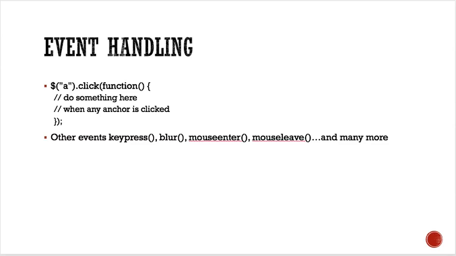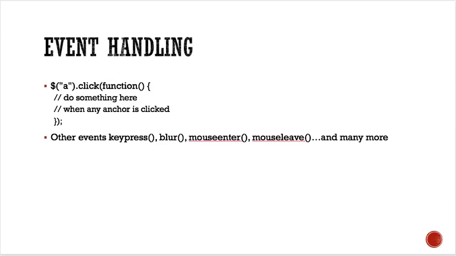jQuery also allows you to monitor events that take place on certain DOM elements, and so now you don't have to actually associate the event with the specific DOM element. So when you're writing the HTML out, you might not have to actually take the event and associate the event with the HTML.